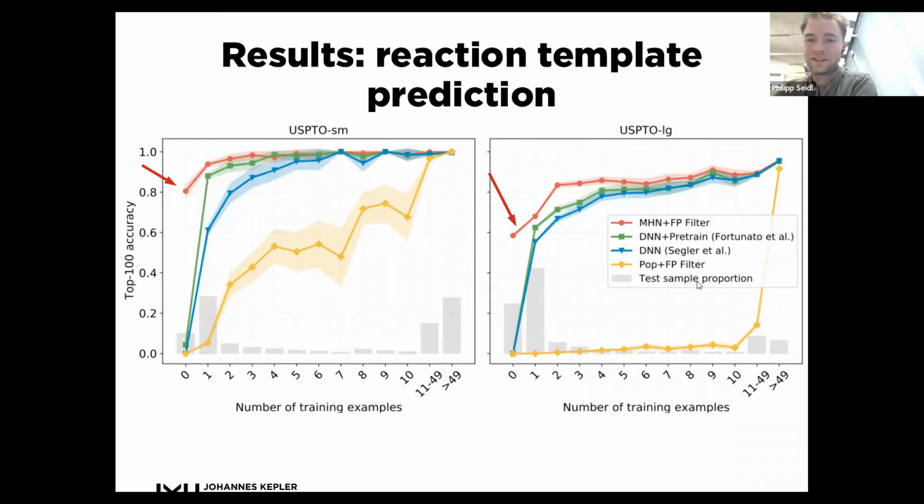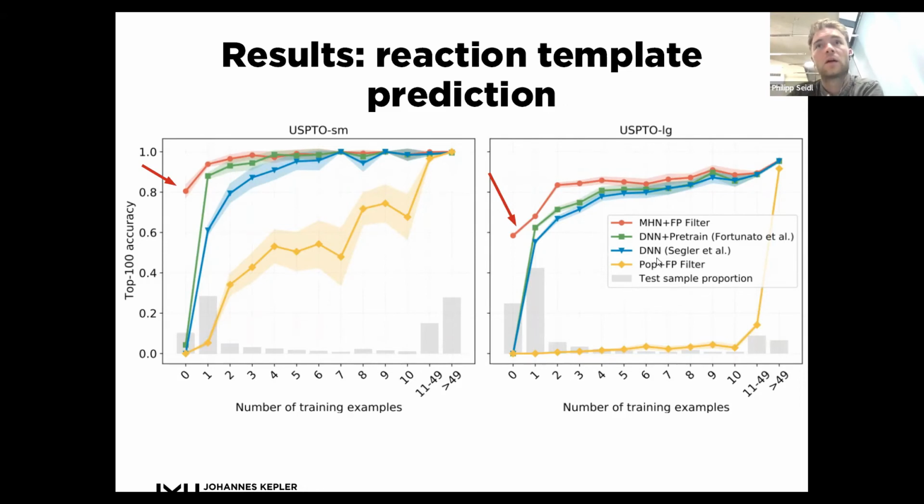What's also interesting is we have looked at the popularity filter. So here you would just execute the templates based on how frequent they appear. And then you add a fingerprint filter, where we were the first to use this very cheap, computationally cheap approach of filtering out non-applicable templates by their fingerprint.